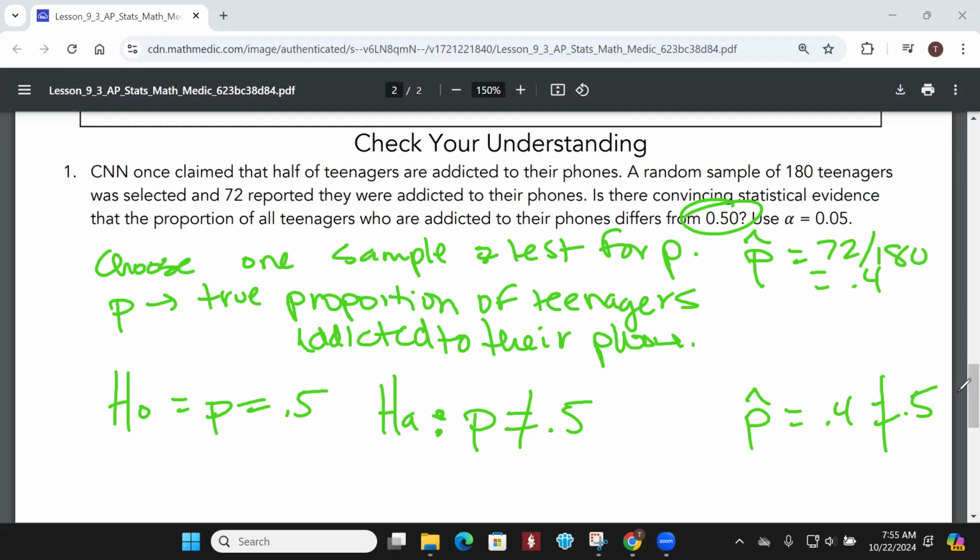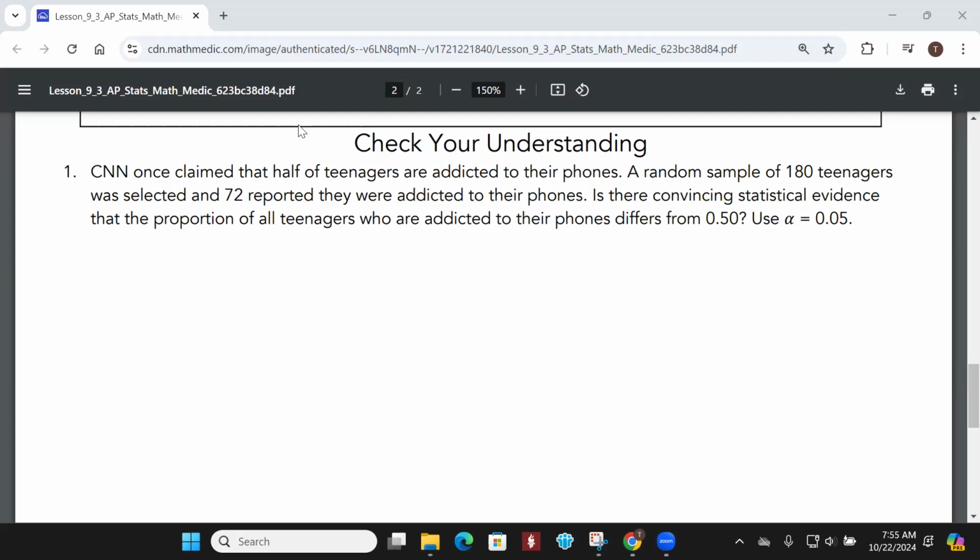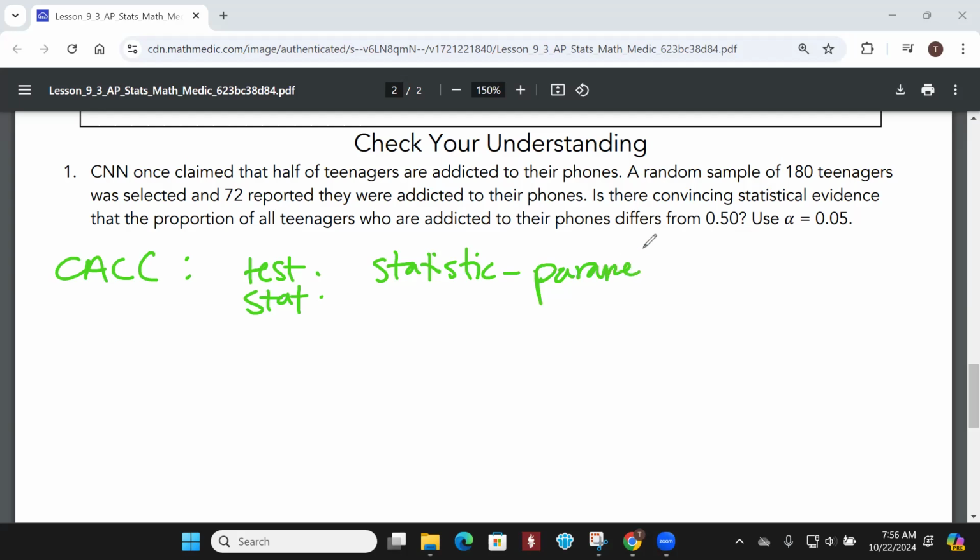Okay. Now we're going to calculate. So now you're on to calc. The test statistic is the statistic minus the parameter divided by the standard deviation.